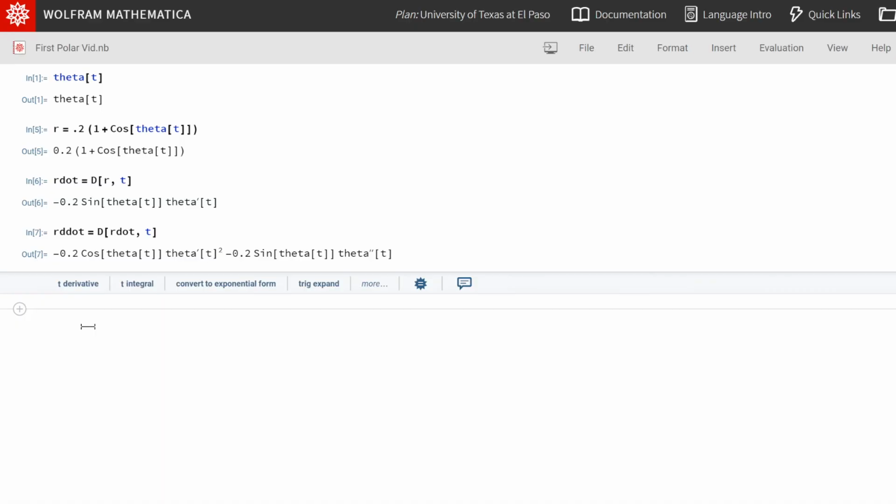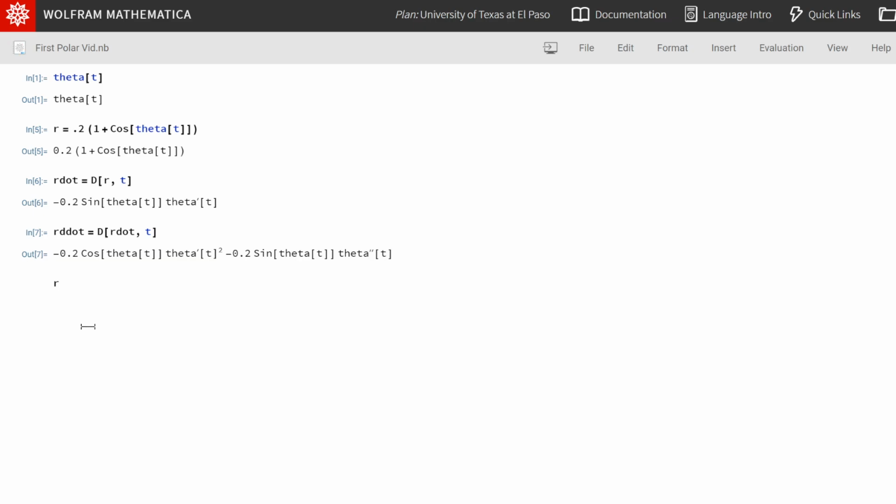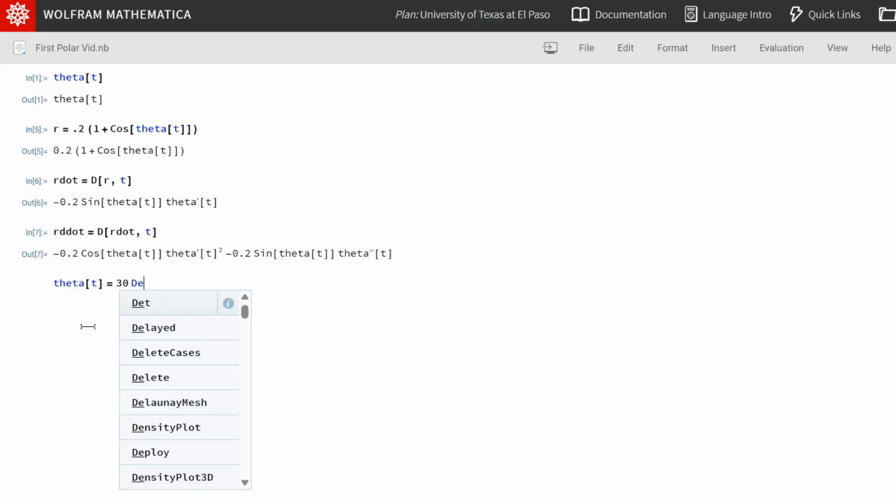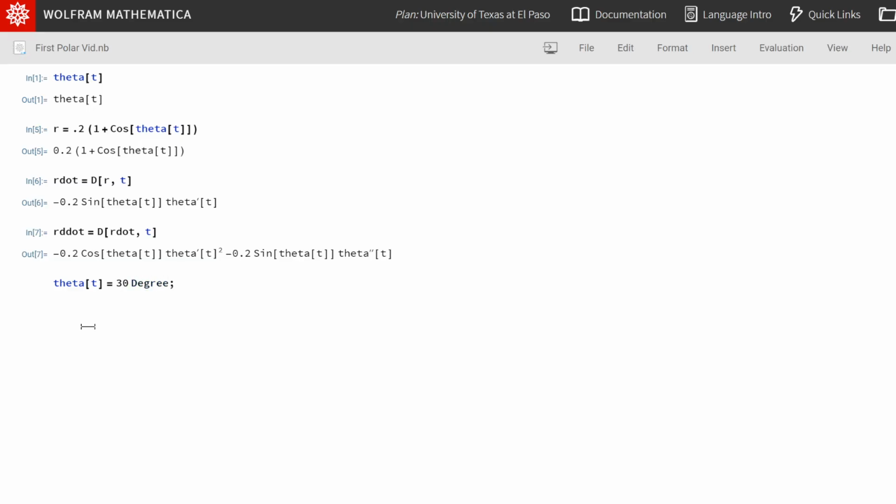So we know that theta as a function of t is equal to 30 degrees, as we were given, and then our theta dot is equivalent to 3 radians per second, so just 3.